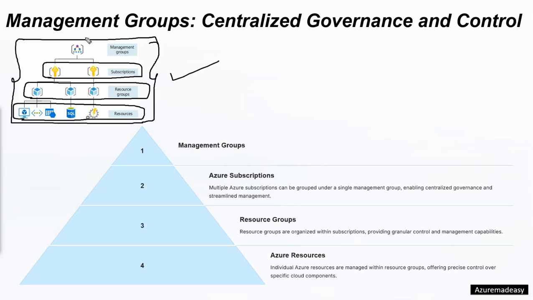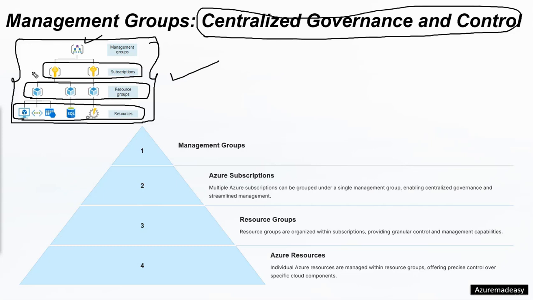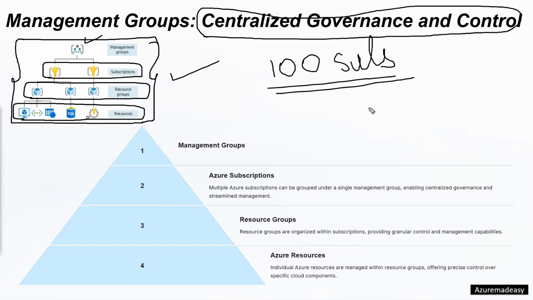Then what is this management group? Management group controls your governance over multiple subscriptions. Let me say that you have 100 subscriptions under your account and you want to enforce some policies over the multiple subscriptions.